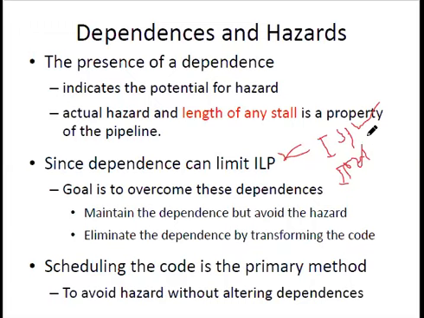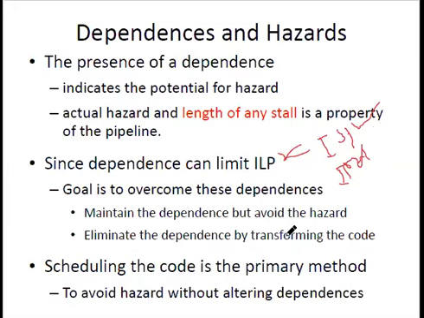Whether the process is static or dynamic, if it is dynamic, this part is done by the hardware itself; if it is static, this part is done by the compiler. It figures out what changes have to be made in the program so that instructions can be carried out in parallel, or take much less time to execute.